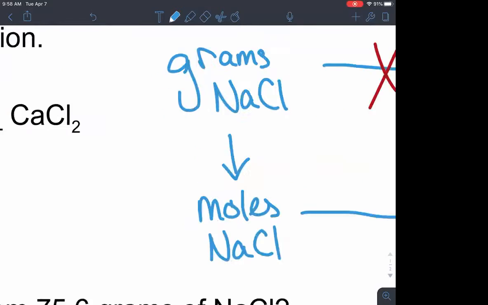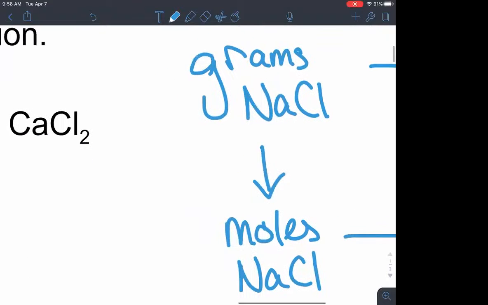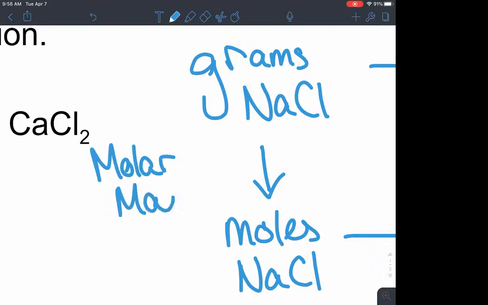It's the molar mass. And we find the molar mass where? On the periodic table. Perfect. And we're going to use the molar mass of what compound? NaCl. Of NaCl. Perfect.